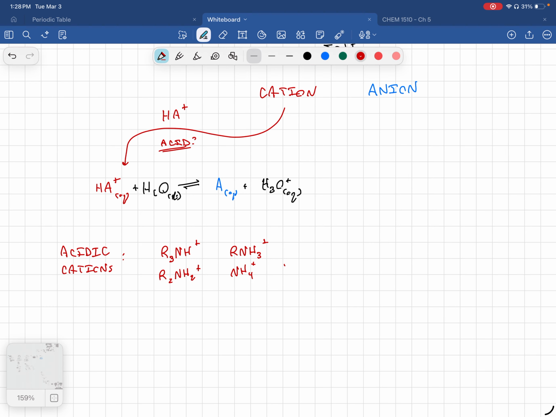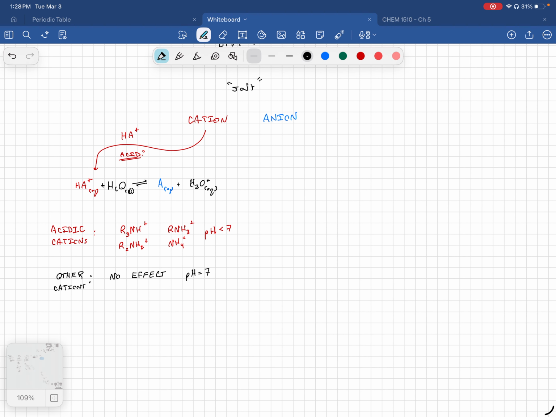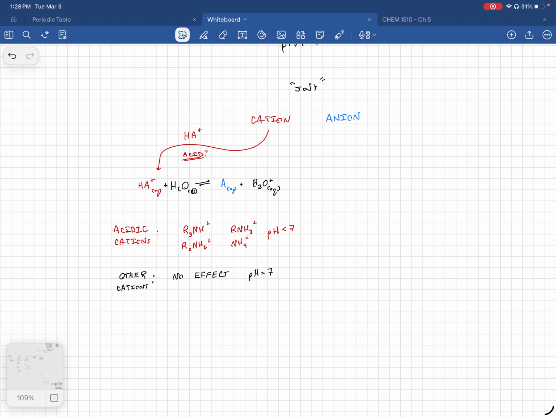These will lead to a solution with a pH less than 7. Okay? For our purposes, any other cations will have no effect and thus will not react with water, and the pH will be 7, whatever it would naturally be. Okay, so that's kind of our assessment.